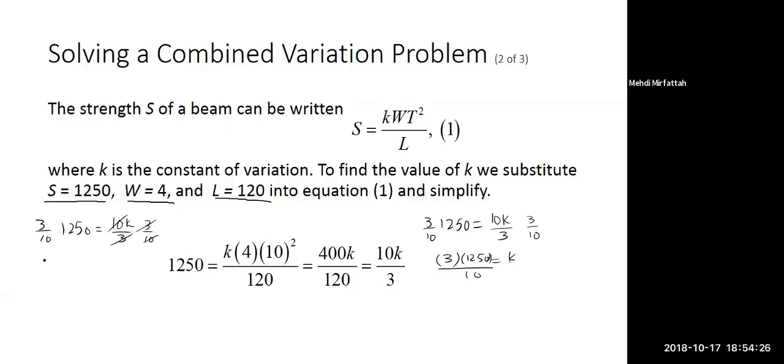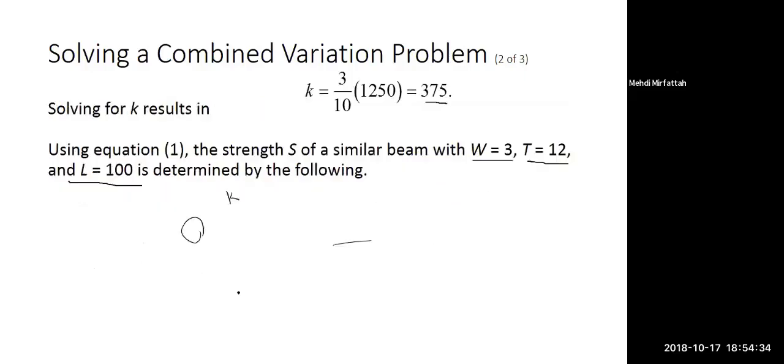So K must be equal to 3 over 10 times 1250. So you got that. Yeah, that's what you do, 3 over 10 times 1250. So now find K. Once I find K, I can go ahead and solve for any conditions, right? I know K, so they're giving you the value of W, T, and L, so I can solve for S.